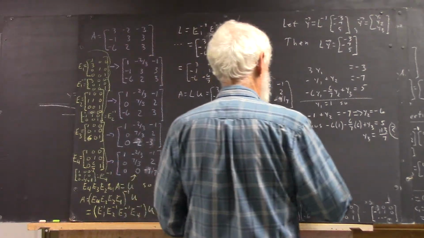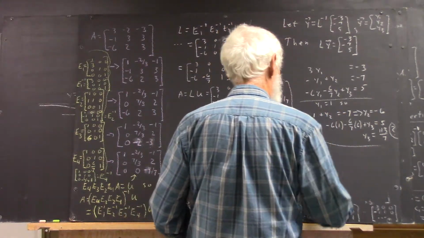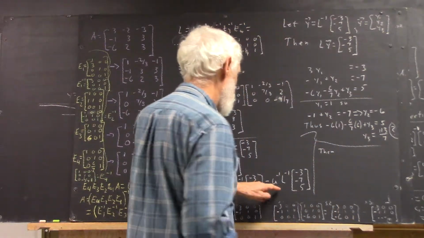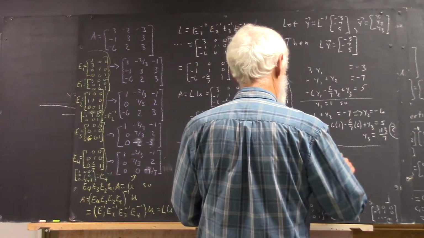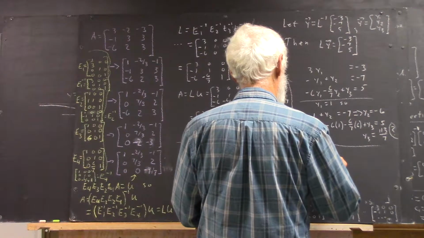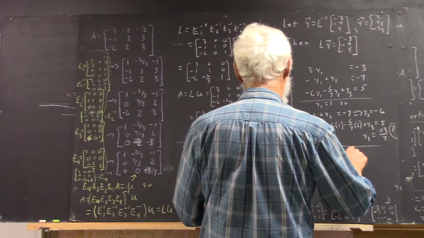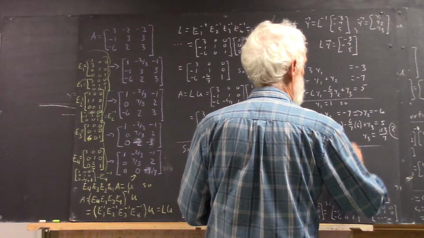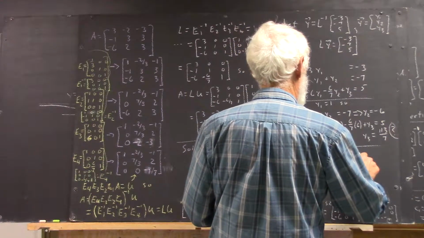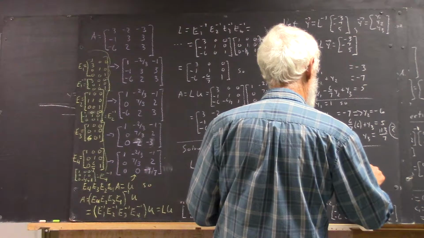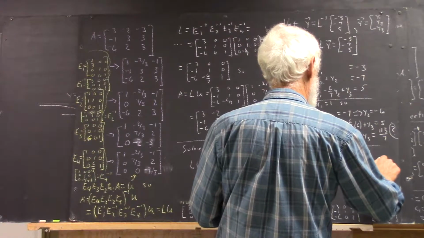Anyhow, I'm just going to illustrate this. Then U inverse, if this is right, times 1, -6, 113/7.